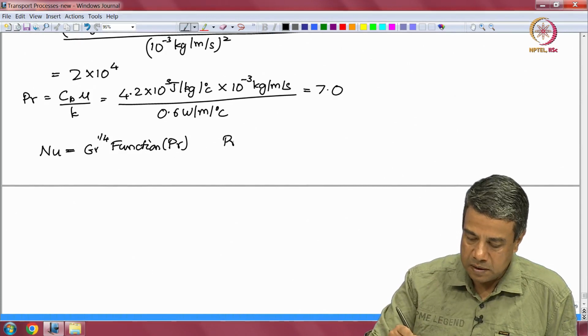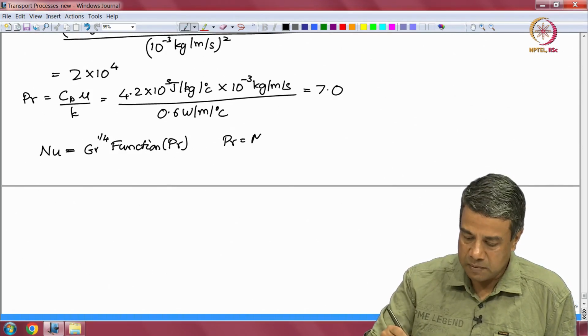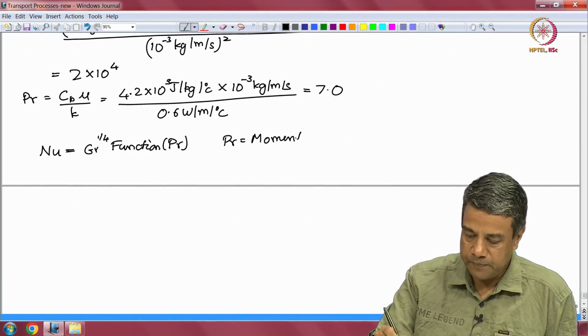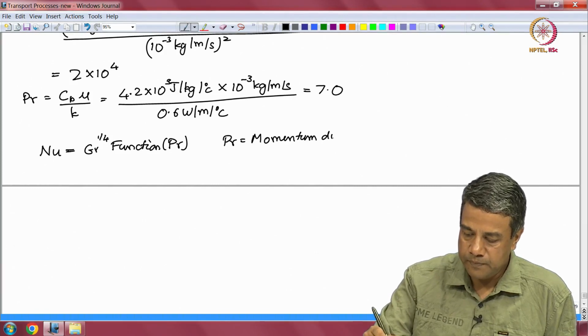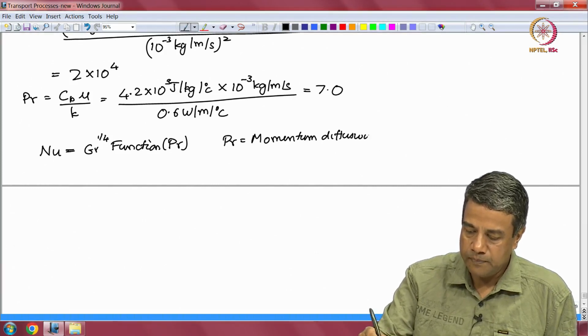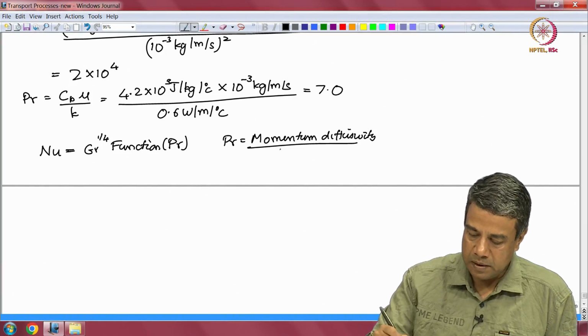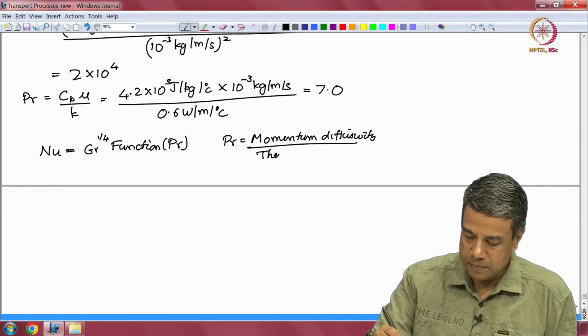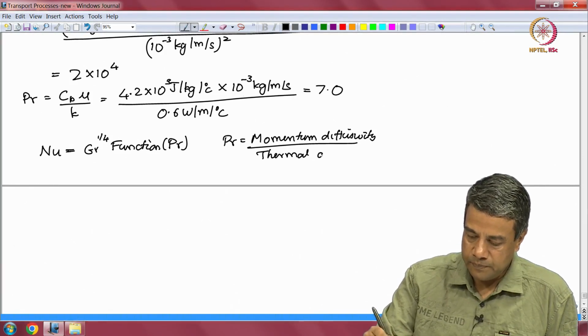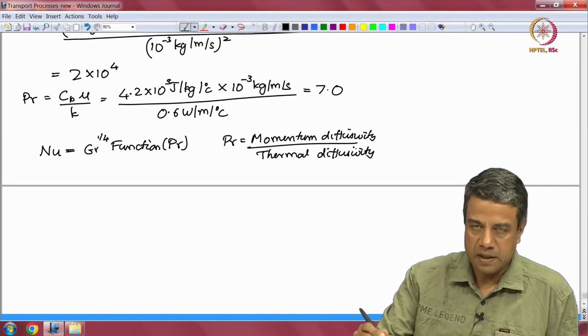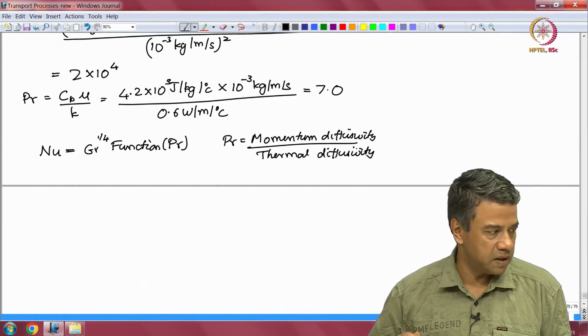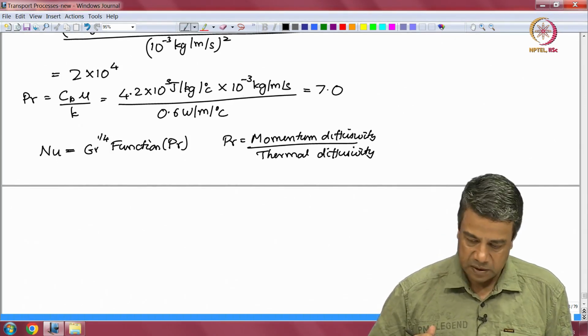Prandtl number is equal to momentum diffusivity divided by thermal diffusivity. Okay.